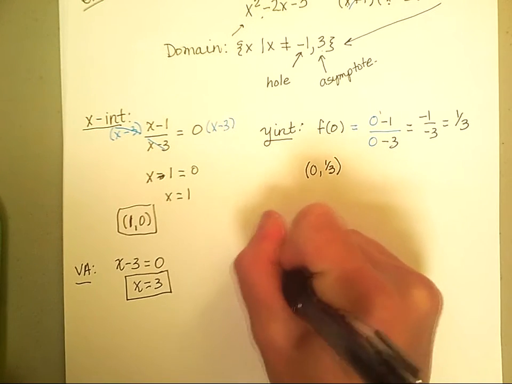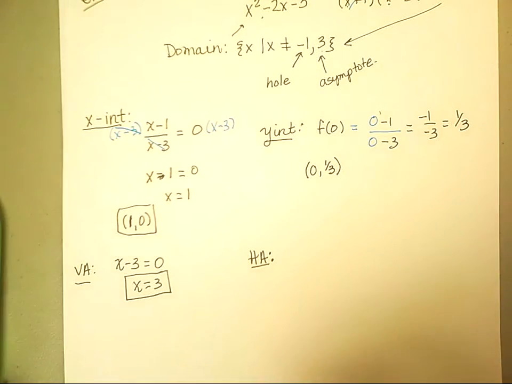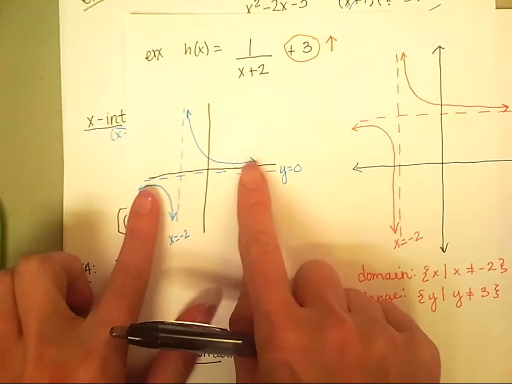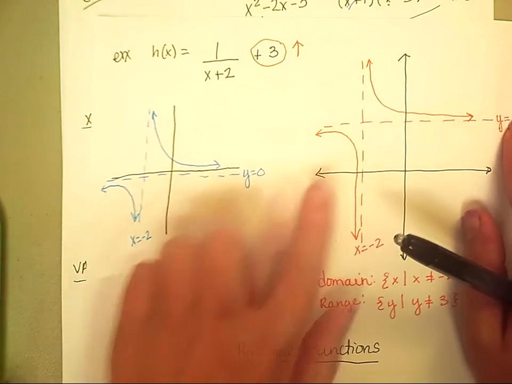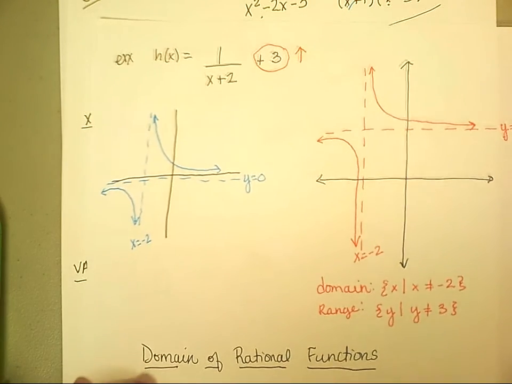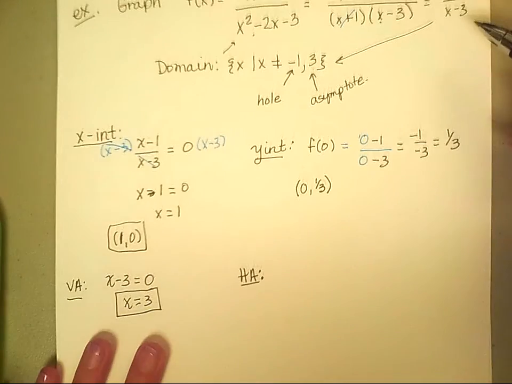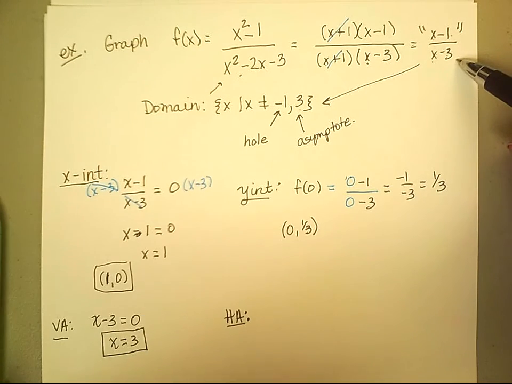What about our horizontal asymptote? Now remember, horizontal asymptotes occur when we are examining very, very large values of x or very, very small. So what we have to think about then is, how will this graph behave, x minus 1 over x minus 3, if x gets really, really large?